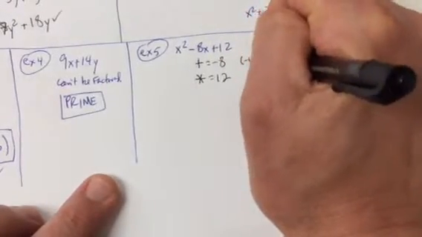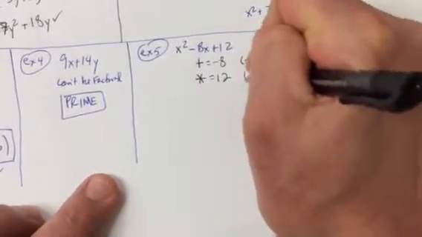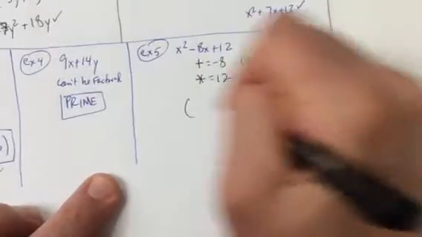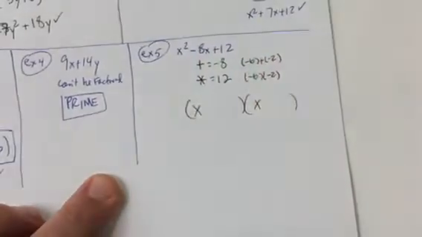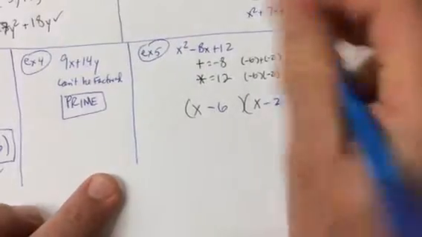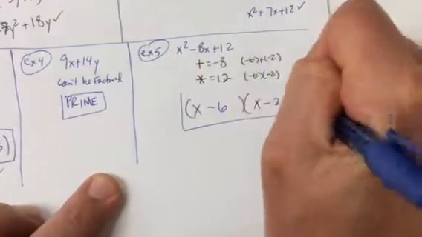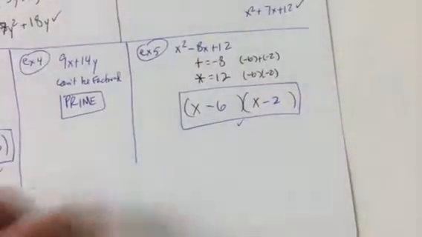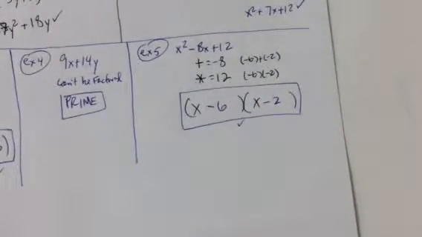That's going to be negative 6 plus negative 2, and negative 6 times negative 2. So when we fill in our binomials, one is going to be minus 6, the other is going to be minus 2. If you take the time to check that, which I hope you do, you will find out that it does work.